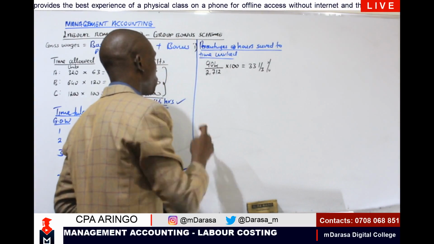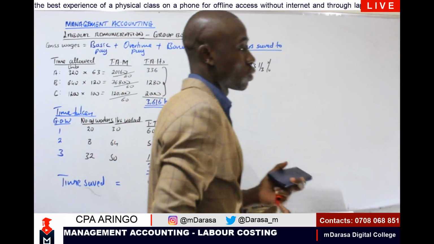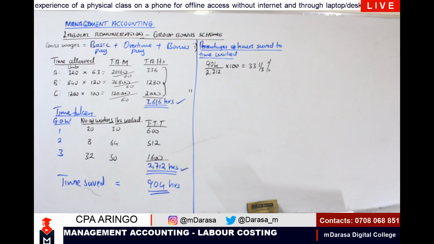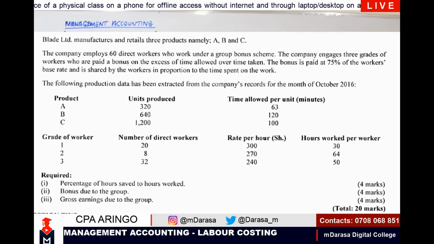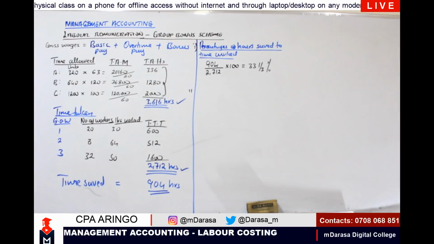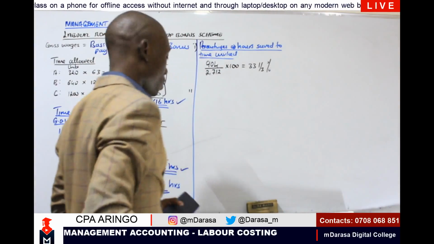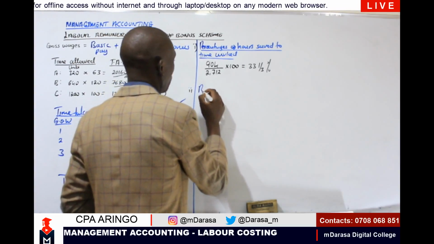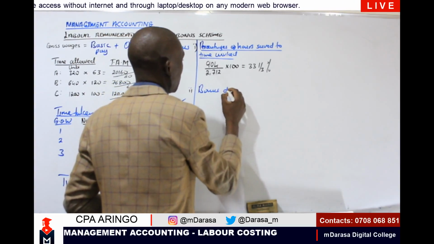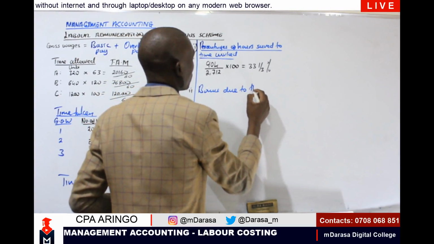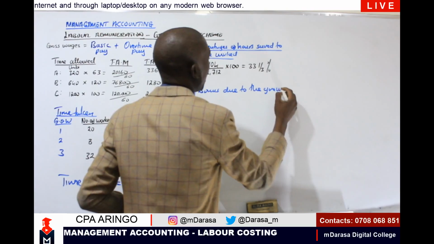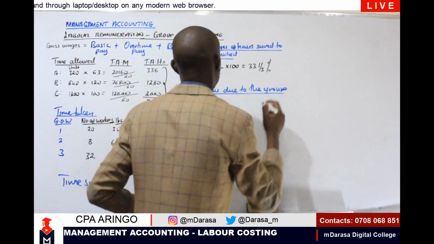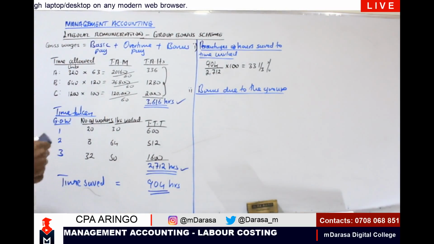We are required to determine the bonus due to the group. How will you determine this bonus due to the group?